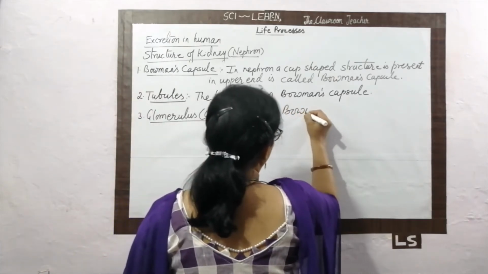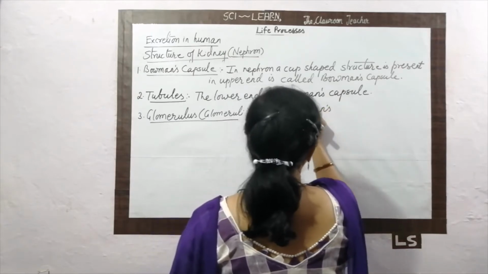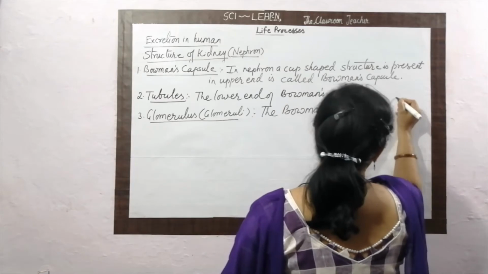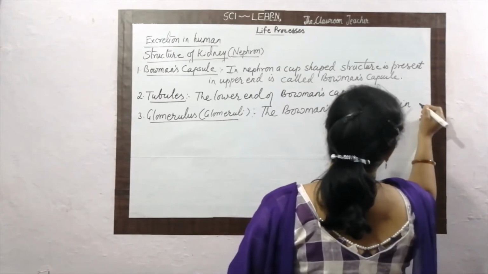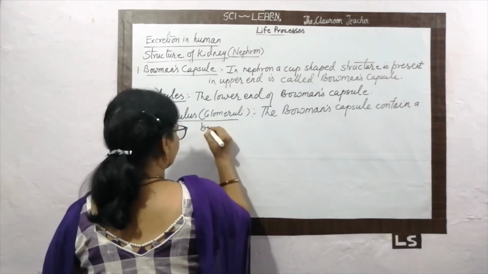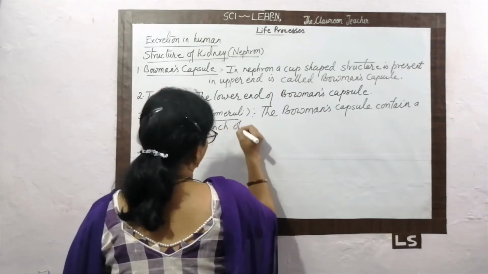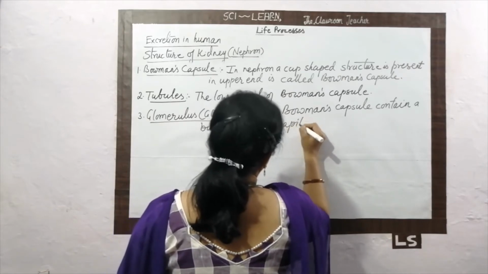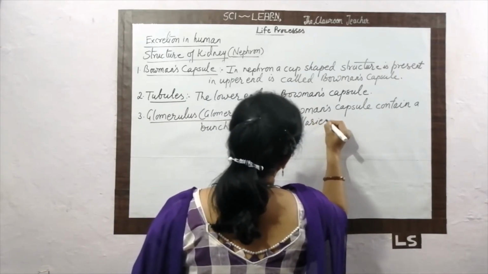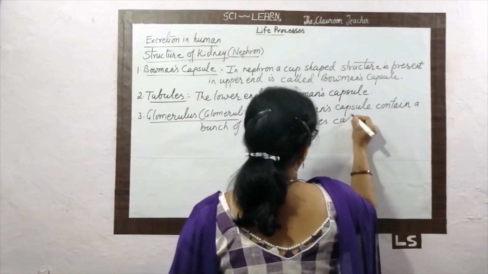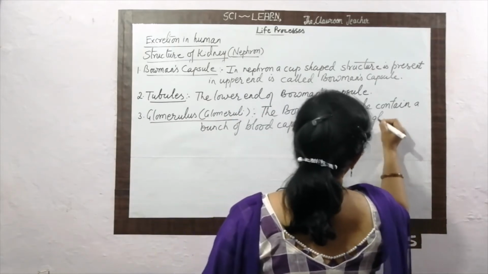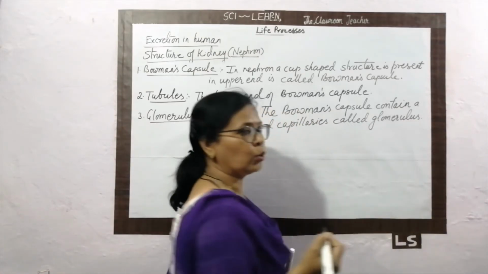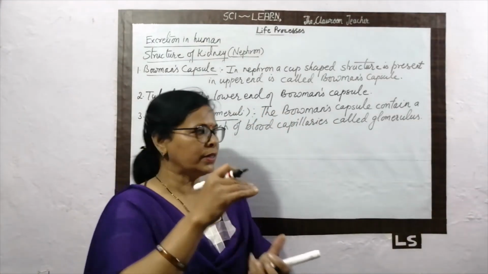The Bowman's capsule contains a bunch of blood capillaries, and these are called the glomerulus. Okay, the glomerulus is present in the Bowman's capsule.